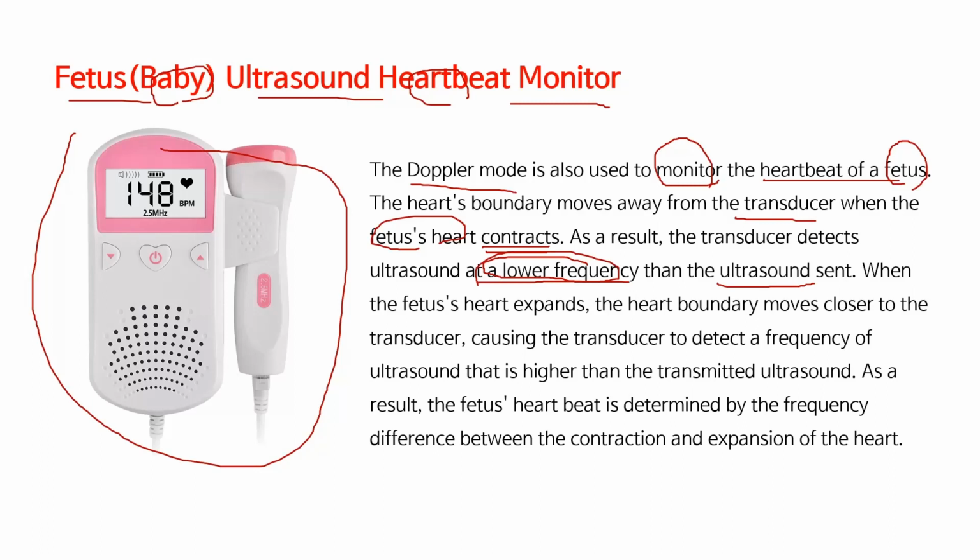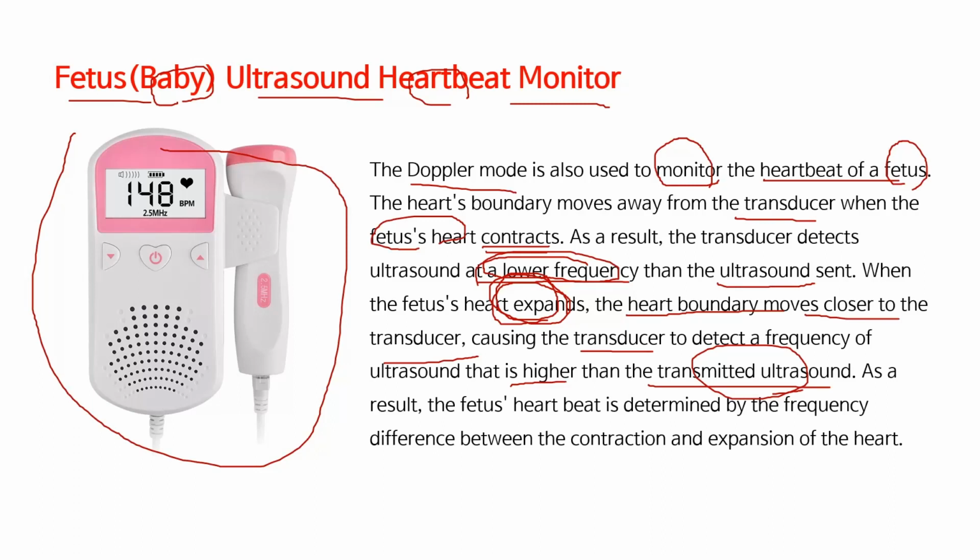On the other hand, when the fetus's heart expands, the heart boundary moves closer to the transducer, causing the transducer to detect a frequency of ultrasound that is higher than the transmitted ultrasound. So when the heart is expanding, the heart boundary is approaching the transducer, so we can measure a higher frequency due to the Doppler effect.